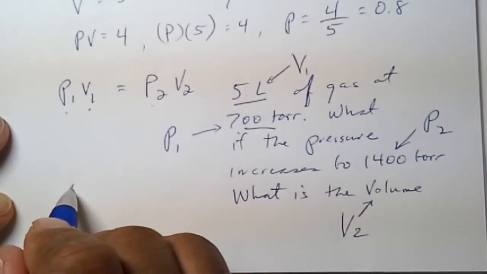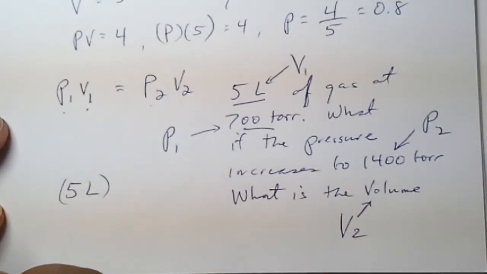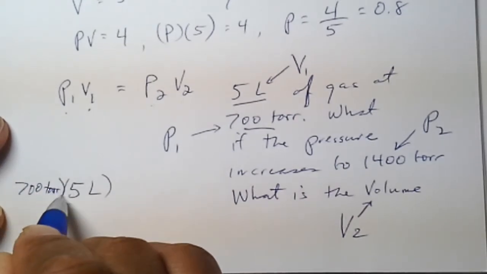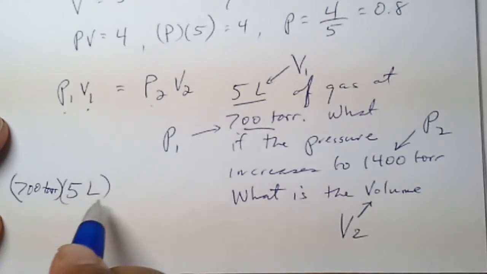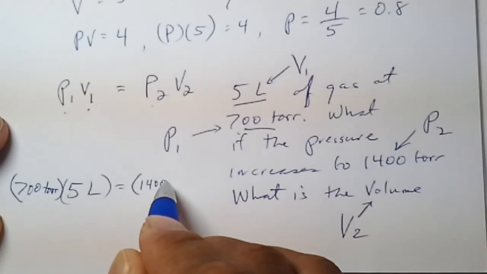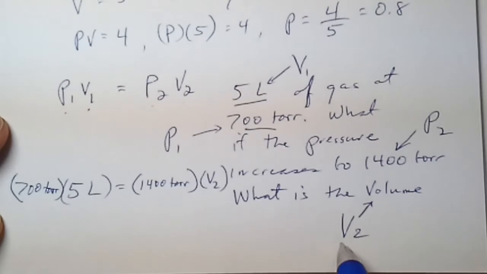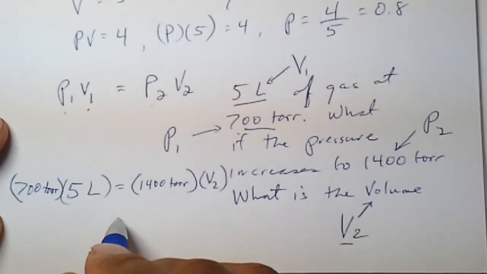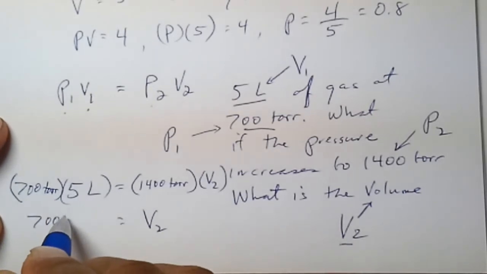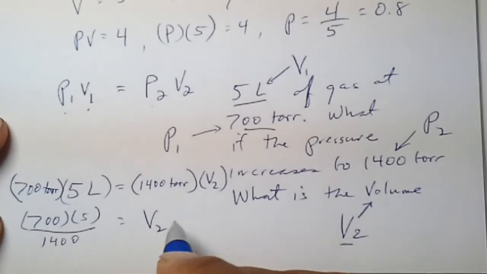You simply plug those in: 5 liters, V1, times 700 torr, P1, equals P2, which is 1400 torr, times V2, which is what we want. We simply rearrange and solve for V2: 700 times 5 over 1400.